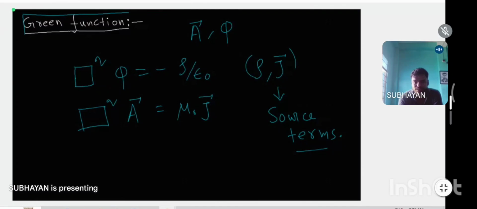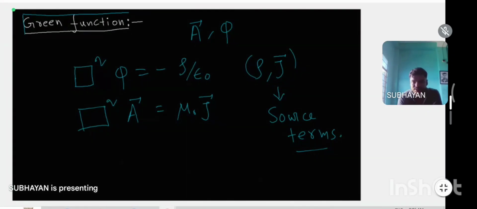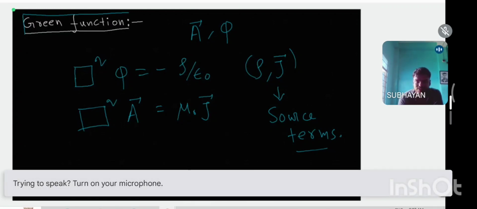In the absence of source terms, the wave equations will lead to the common, homogeneous wave equations. But in the presence of external source terms like rho and J, the Lorentz gauge and Coulomb gauge solutions of phi and A will satisfy these inhomogeneous wave equations.